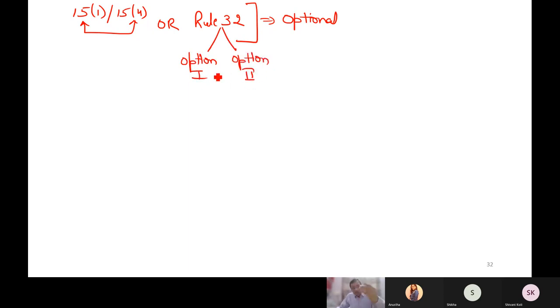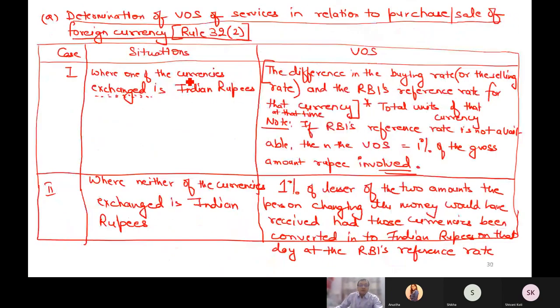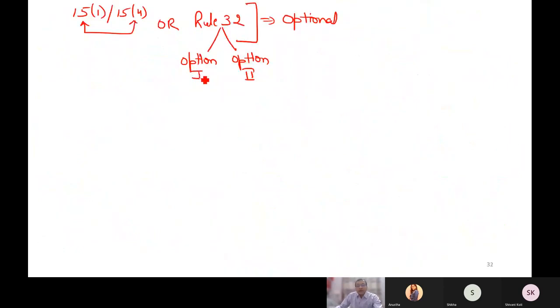Rule 32 itself is optional, and within rule 32 there are two options. For the time being, I have discussed only option number 1. Government says no issue, we are giving you another option, and out of those two options you decide which one is better, and again compare that with this, and then take your best decision. I hope the concept is clear.